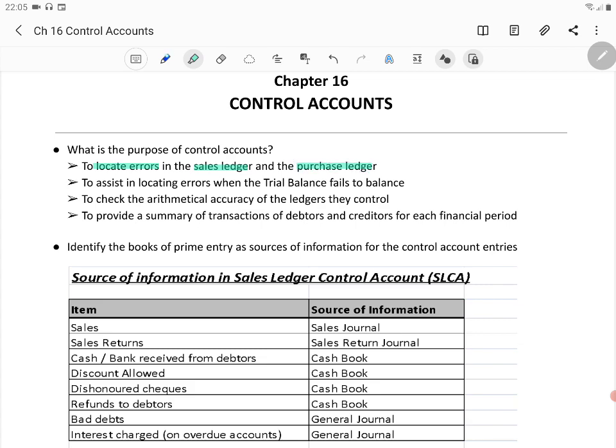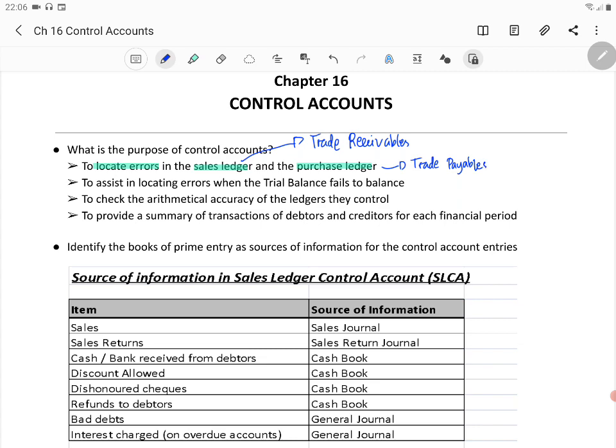What is sales ledger? Sales ledger representing trade receivables, and purchases ledger representing trade payables.